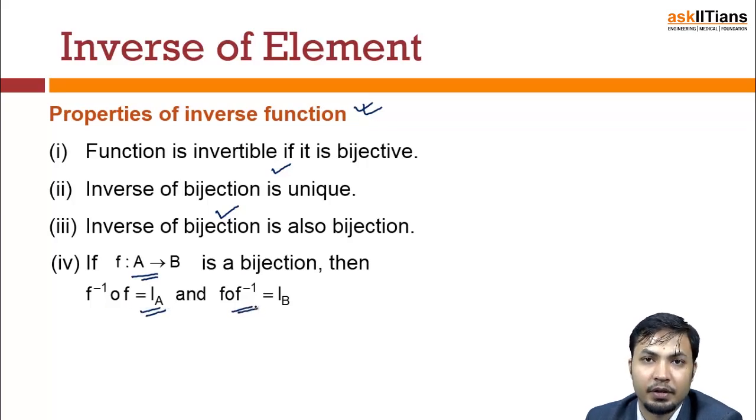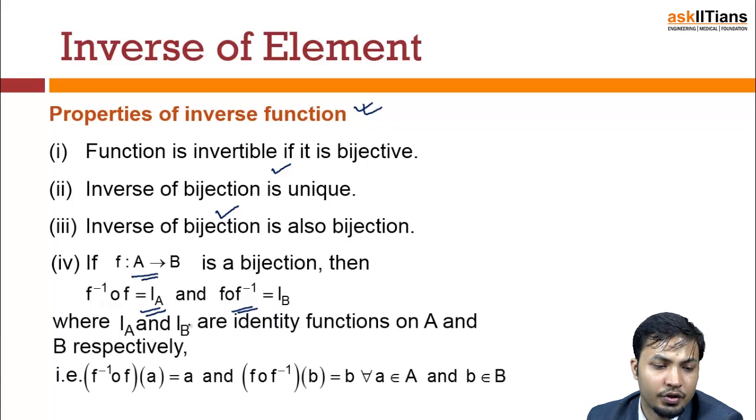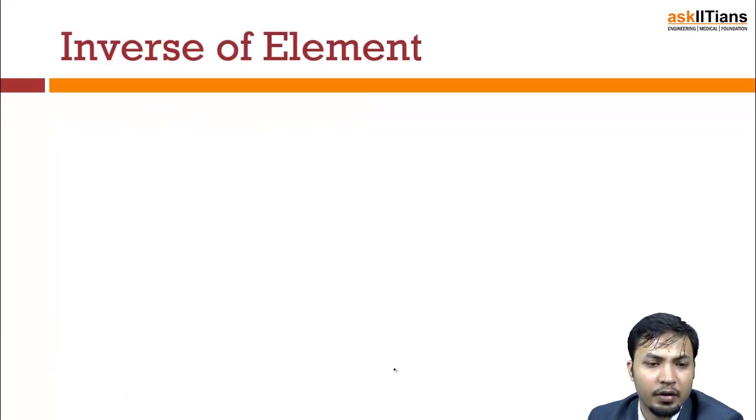Similarly, f of f inverse is also an identity. You can understand that logically, where IA and IB are the identity functions on A and B respectively. That is, f inverse of f of a is a, and f of f inverse of b is b, for all a and b.